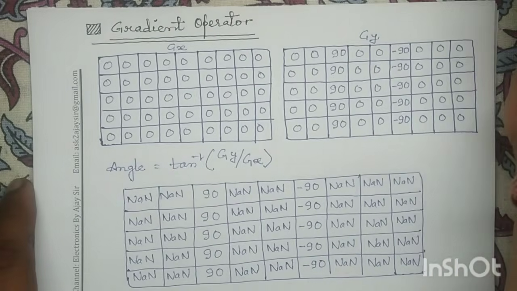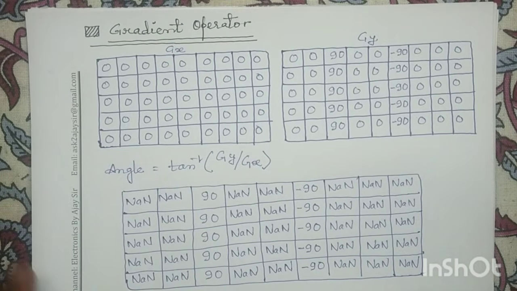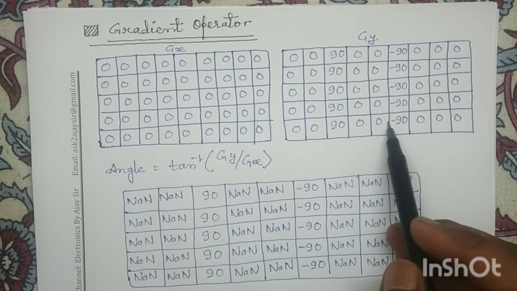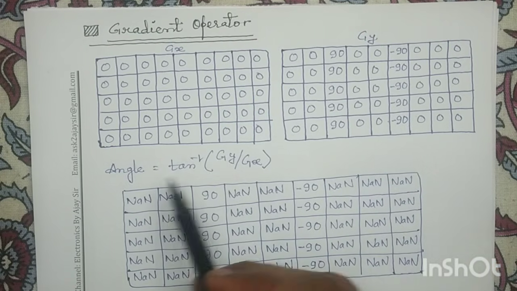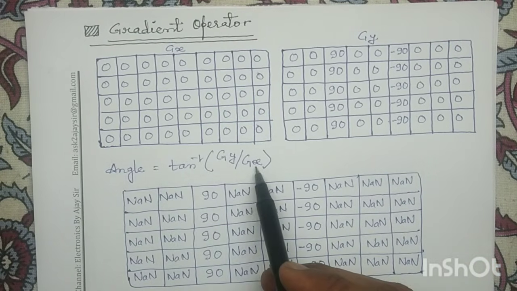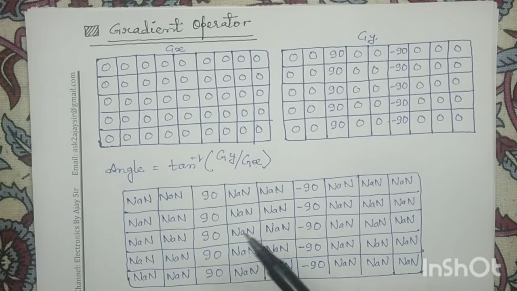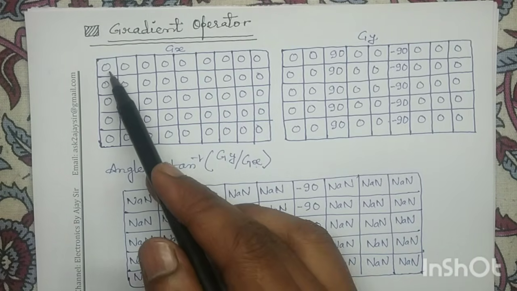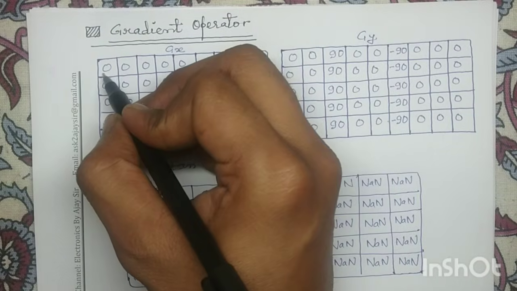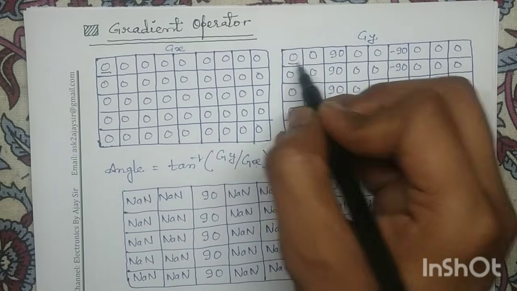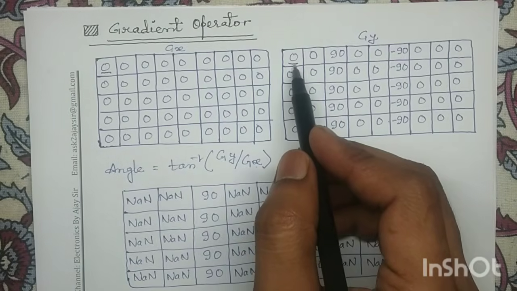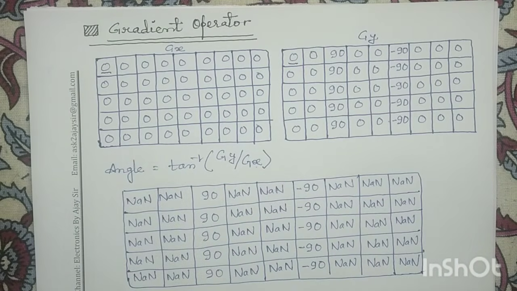Additionally, from this response Gx and from this response Gy we can determine the angle also by using this equation, tan inverse Gy by Gx. So if you perform this calculation in MATLAB for each pixel value, for example this pixel and this pixel, in order to determine the angle we will take tan inverse 0 by 0 in MATLAB.